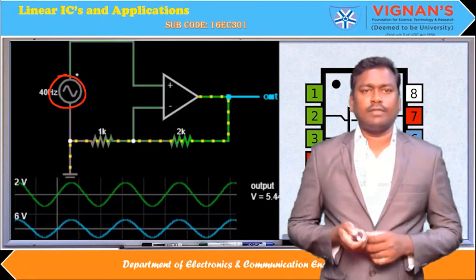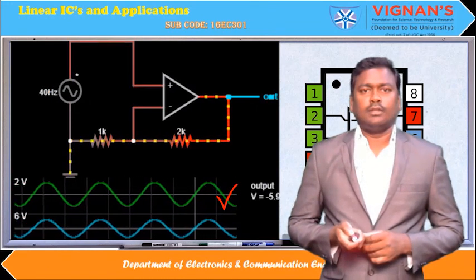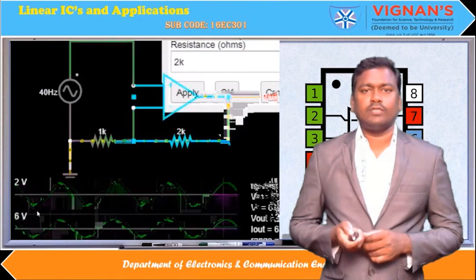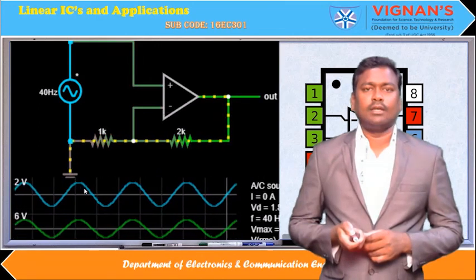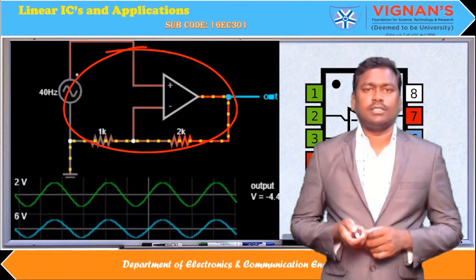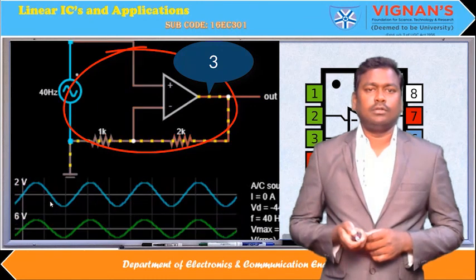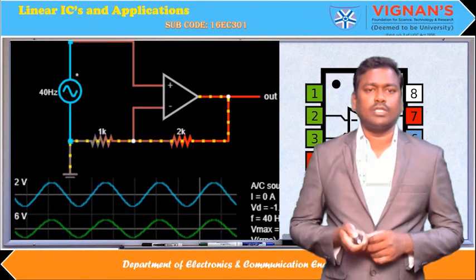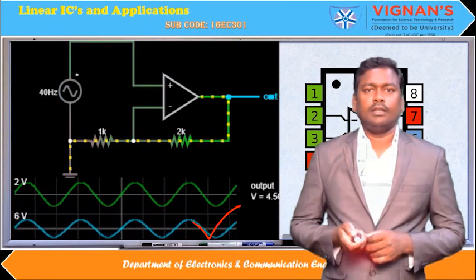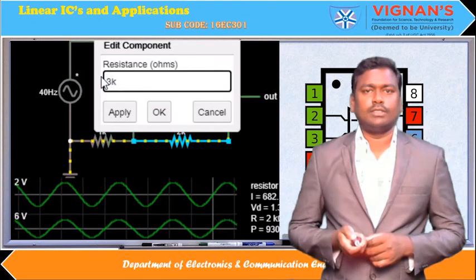Here is the non-inverting amplifier. The input signal frequency is 40 Hz and peak to peak is 2 volts. As per the connected resistance values, the amplifier gain 1 plus Rf by R1 is 3. Then the output signal is gain times the input, so that is 6 volts for a 2 volt input. Here the feedback resistance is changed from 2 to 3 kilo-ohms.